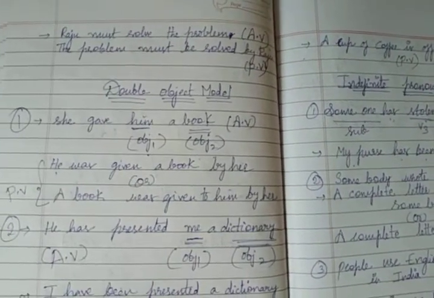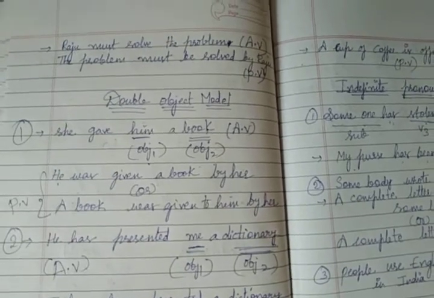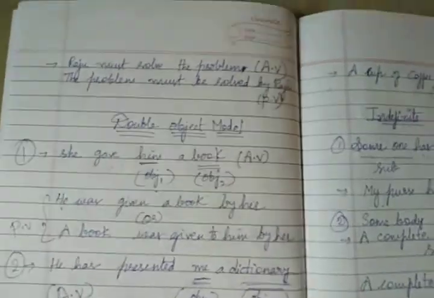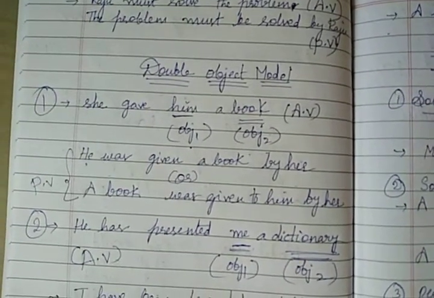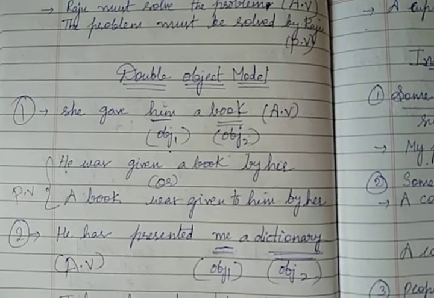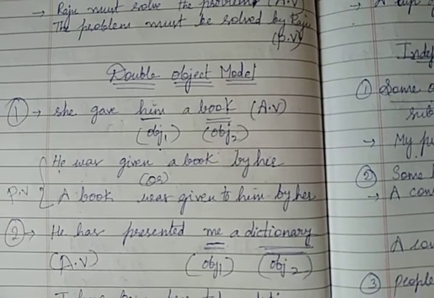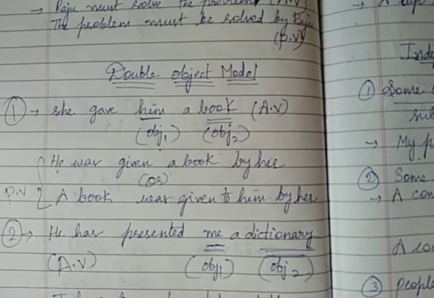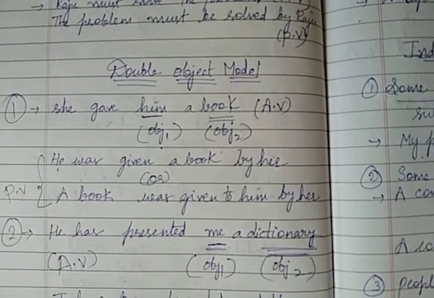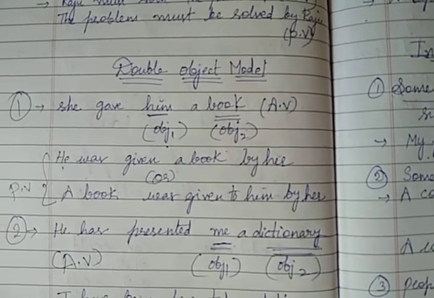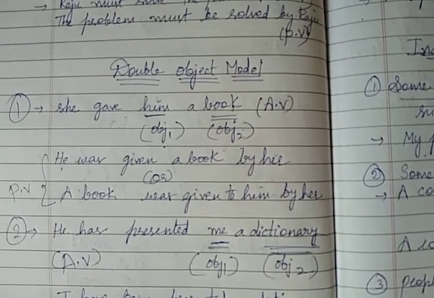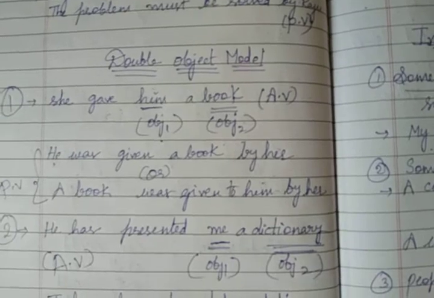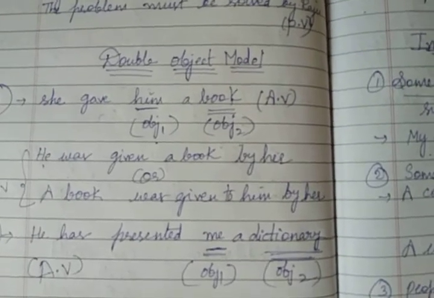Now coming to the double object model. In double object models, we come across two objects in one active voice. So in two ways we can write this active voice into passive voice: with object 1, the first object, and with the second object.